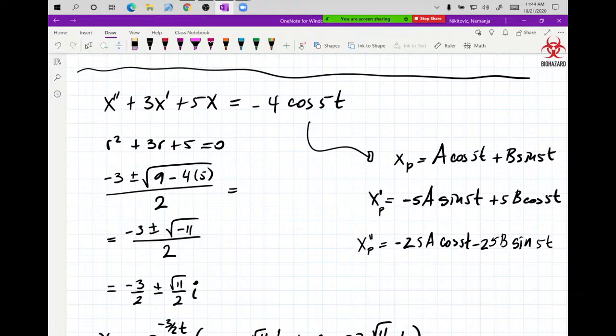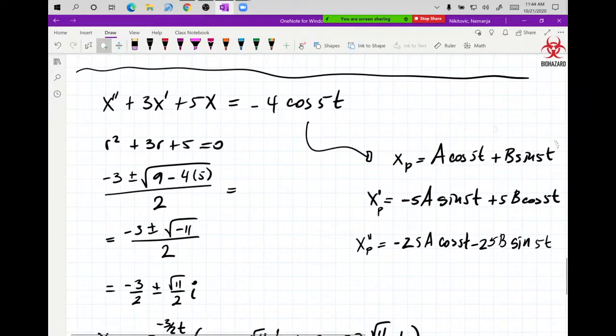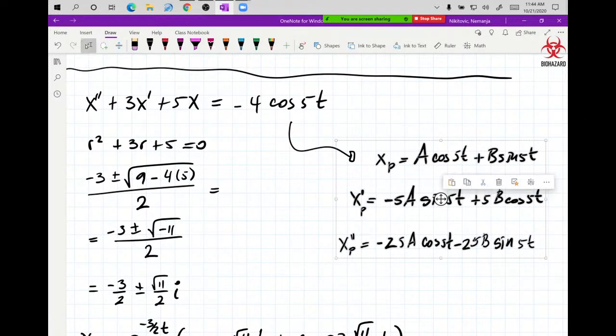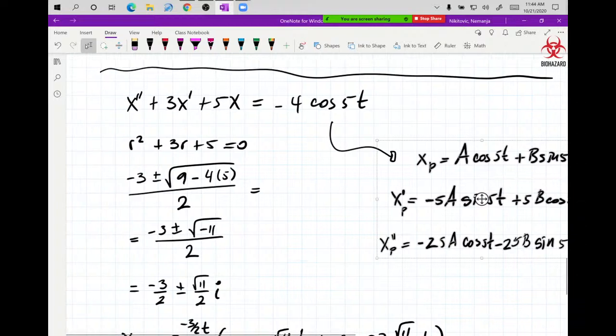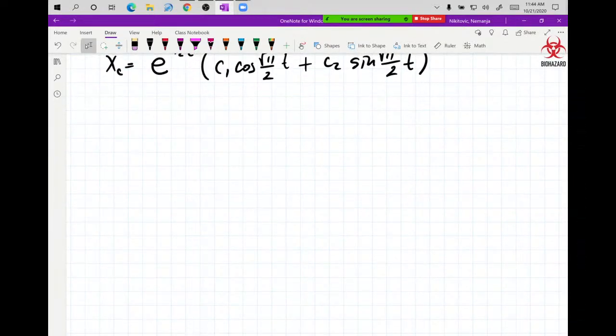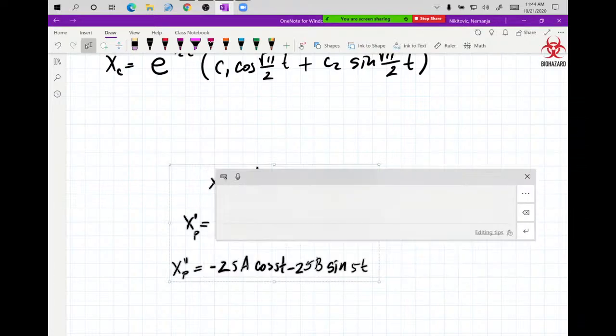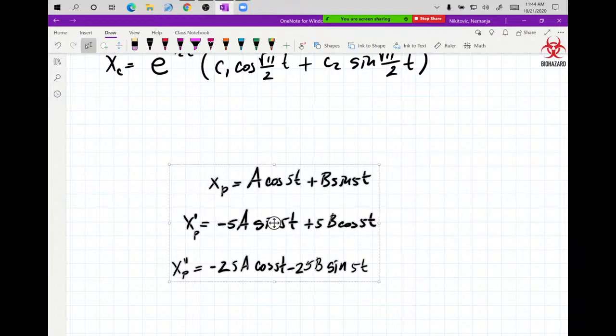Now, since I need all of them, let's go. So I just need to write my problem again. That's x double prime plus 3x prime plus 5x equals negative 4 cosine 5t.